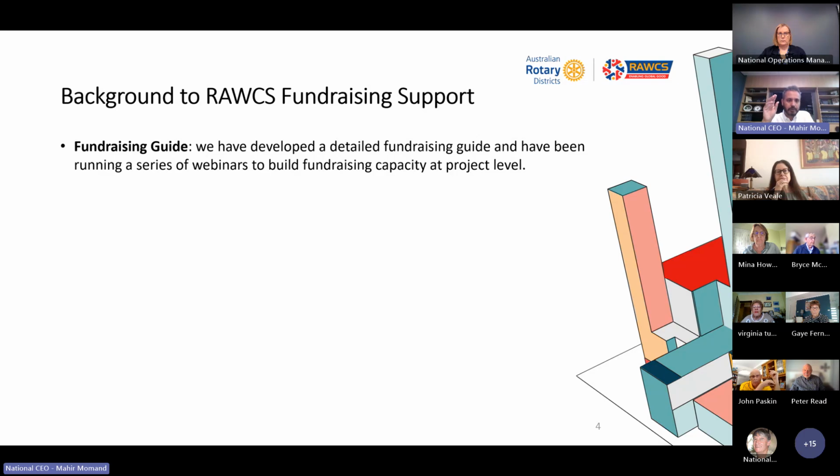If you don't have a copy of the fundraising guide, please put your email address in the chat function, and John Robertson will make sure that you actually get a copy of that. It is also, I believe, available on our website, and John can put the link to that also. So you can just click on the link and go and get a copy of the fundraising guide. This is not something new. We did that earlier this year, and I actually did a webinar on that.